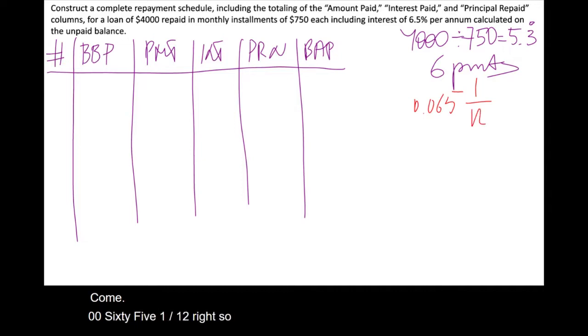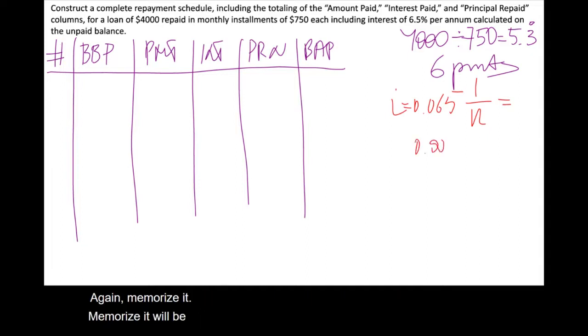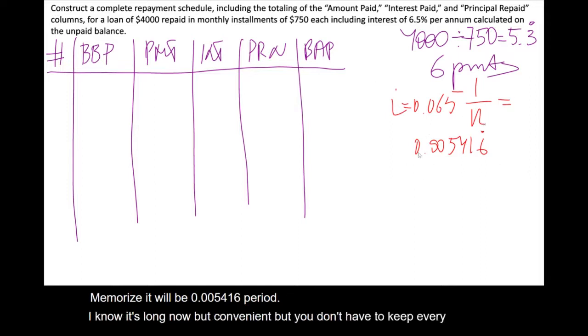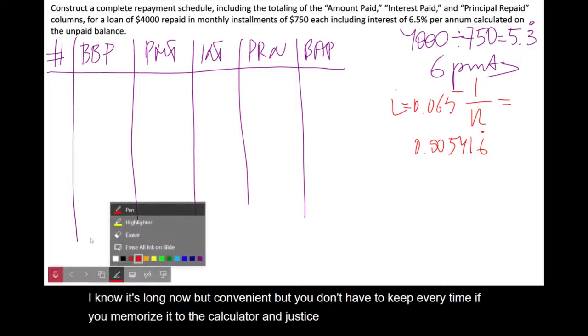So it makes sense to find it one time. Memorize it. It will be 0.005416 in period. I know it's a long number, but you don't have to key it in every time if you memorize it in the calculator, and just use it, which makes your calculation faster.